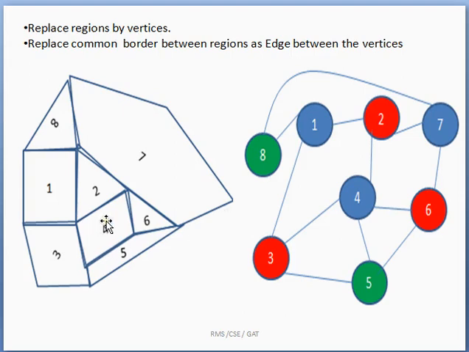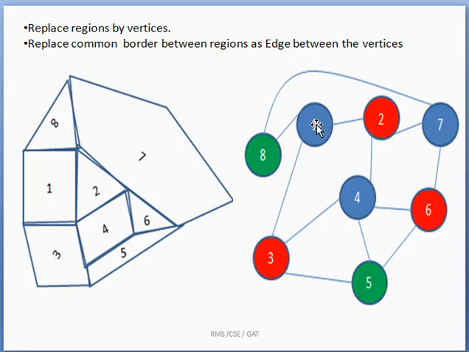Similarly, if I take 4, it is sharing a border with 2, 3, 5 and 6. Like this we need to replace regions of the map with vertices and common borders with edges between the vertices. Now, using the previous technique, we have to label the vertices so that no adjacent vertex has the same color.